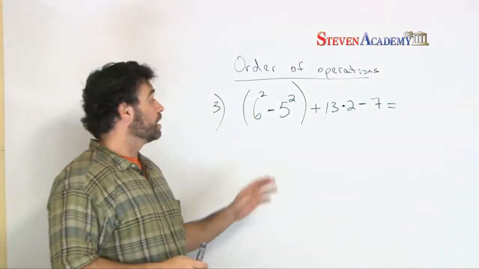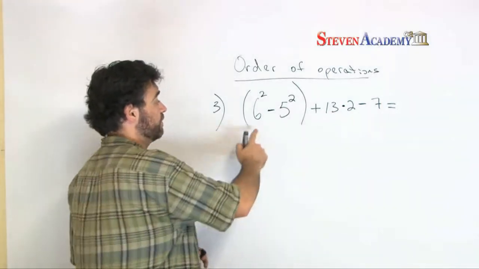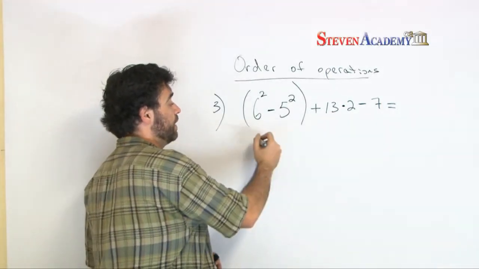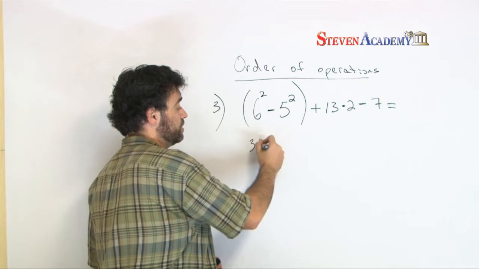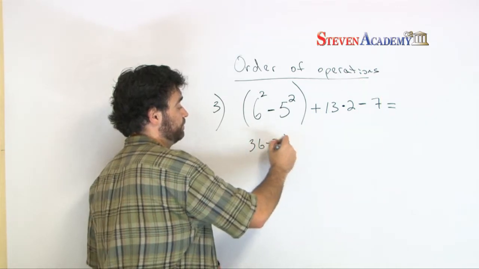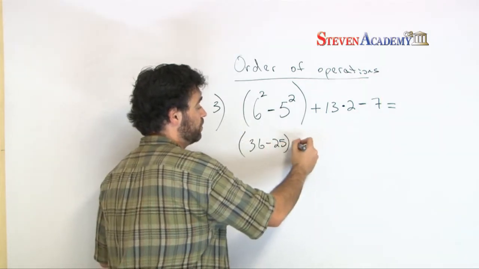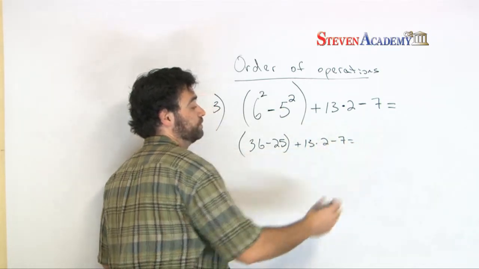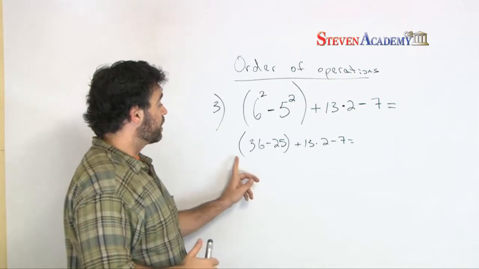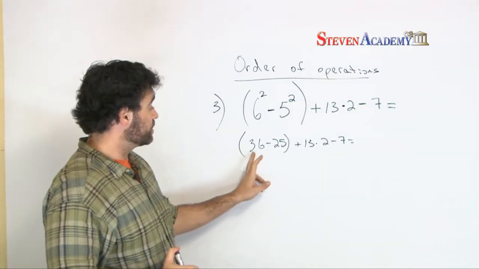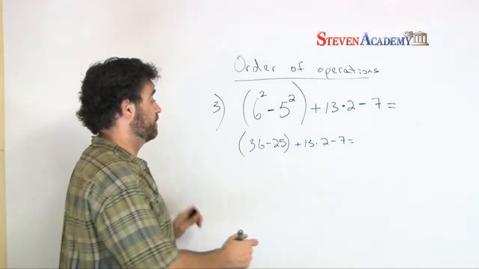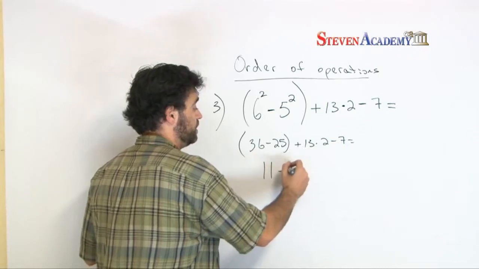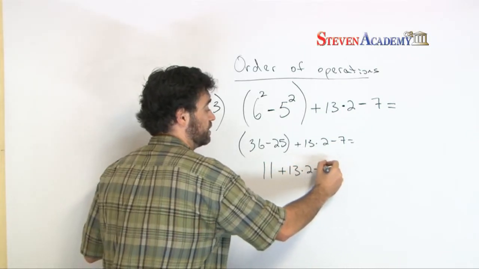Okay, again, I go inside the parentheses. We have 6 squared minus 5 squared, which is going to give us 36 minus 25 plus 13 times 2 minus 7. Okay? Again, inside the parentheses first, 36 minus 25 gives us 11 plus 13 times 2 minus 7.